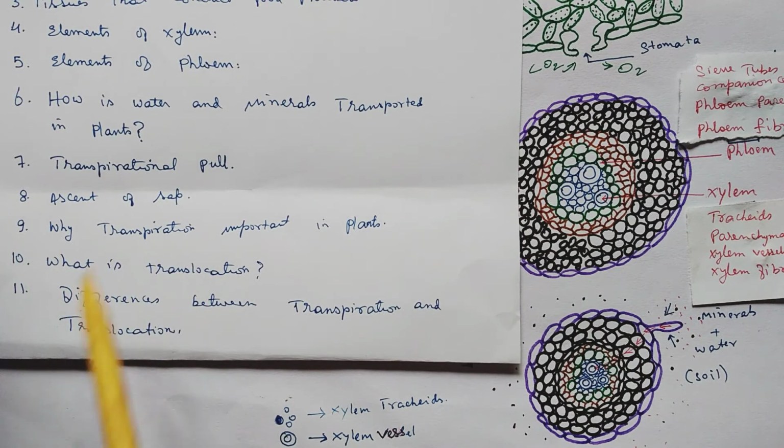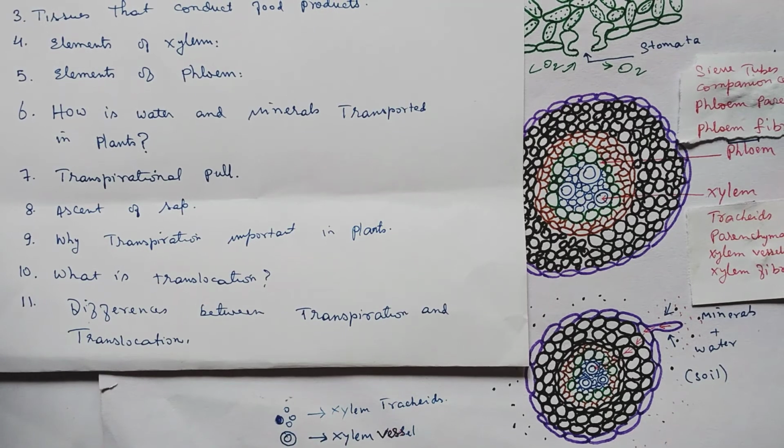And we have another point here, ascent of sap. What is ascent of sap? Ascent of sap is nothing but just the upward movement of substances from the root to the shoot through the xylem.